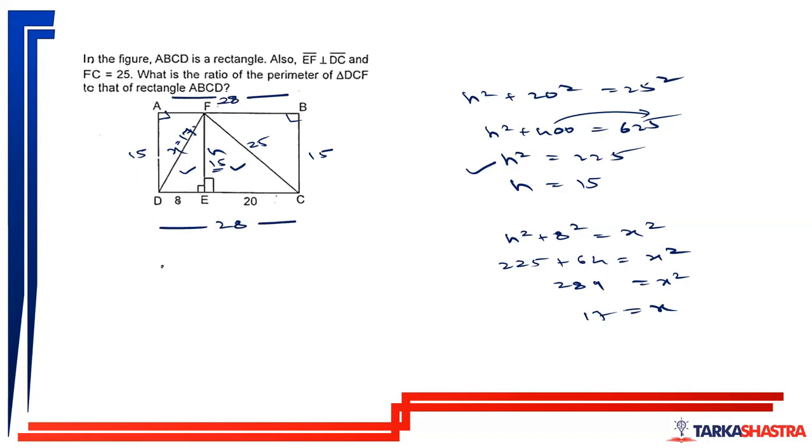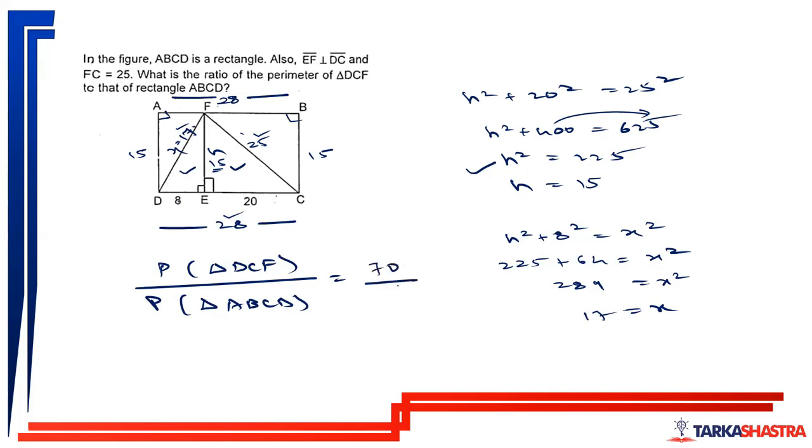The perimeter of triangle DCF will be 17 plus 28 plus 25. 17 plus 28 is 45, and 45 plus 25 is 70.